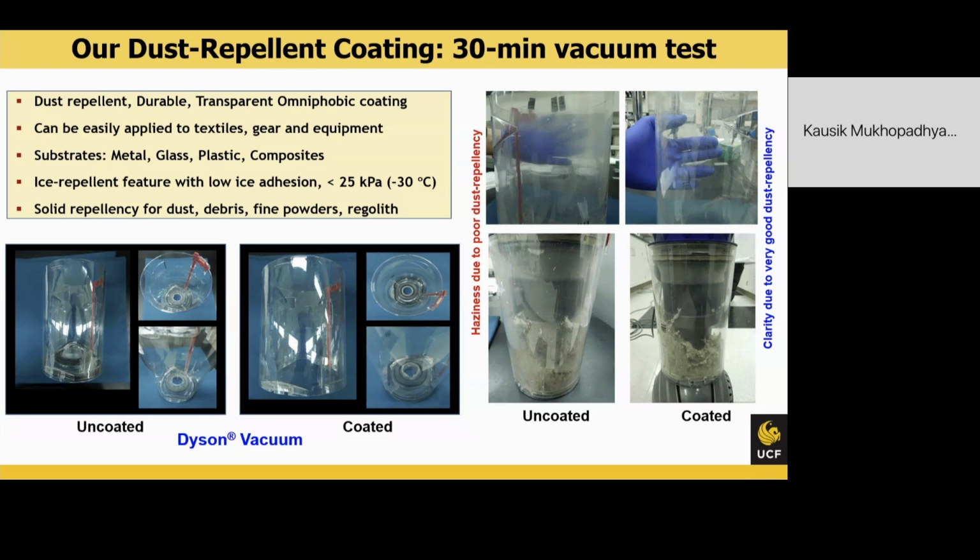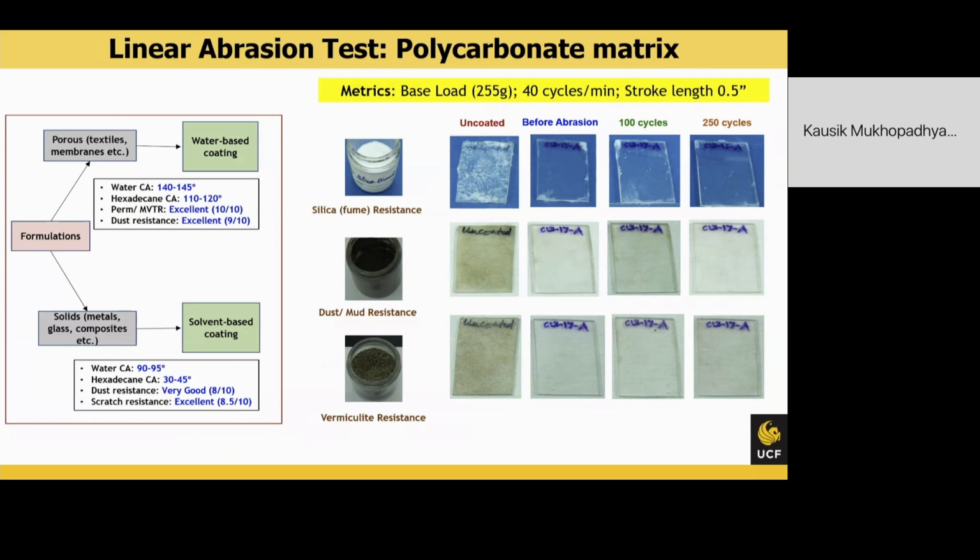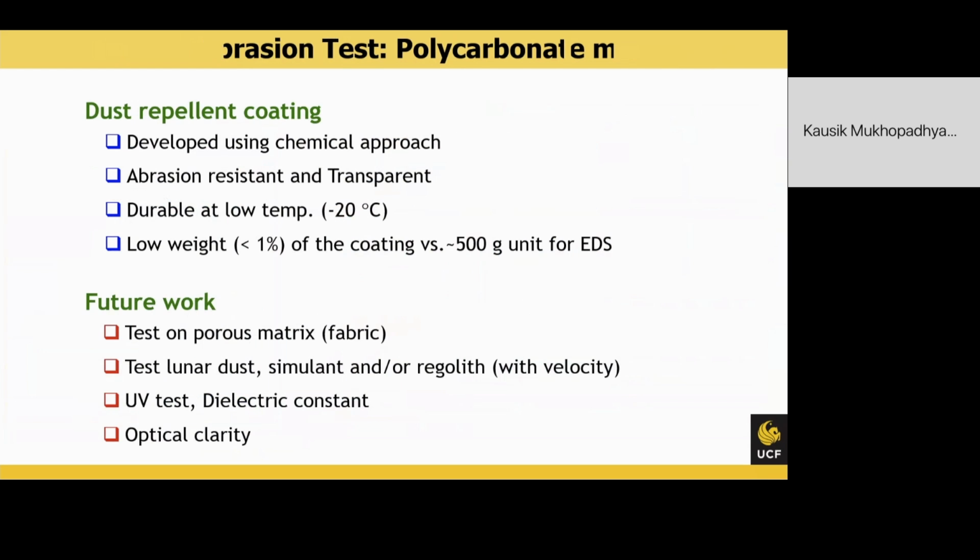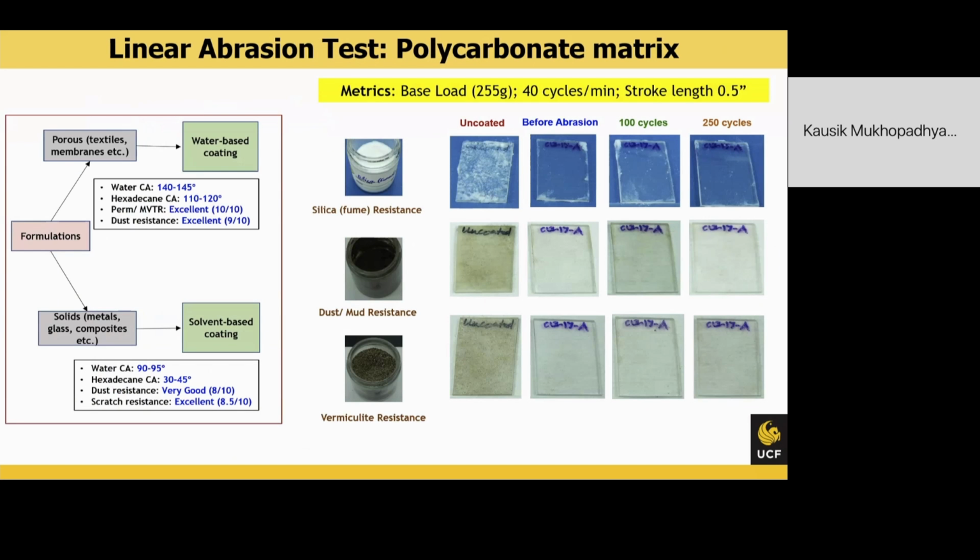This can also be put on porous textiles as well as membranes, although we used only 100% cotton. Our next step would be gear from astronauts, solid metals, and we can see some of these features, how it works against silica dust as well as vermiculite.